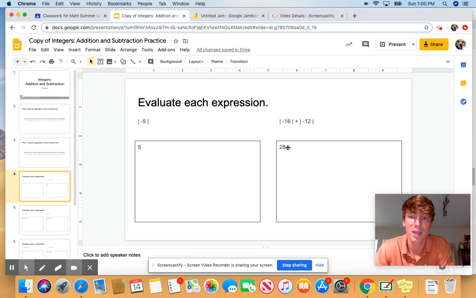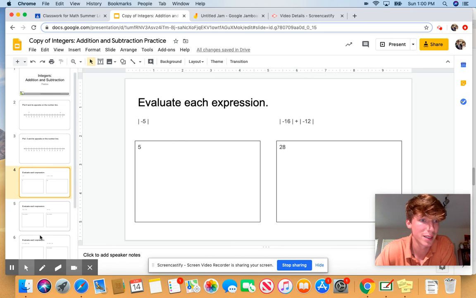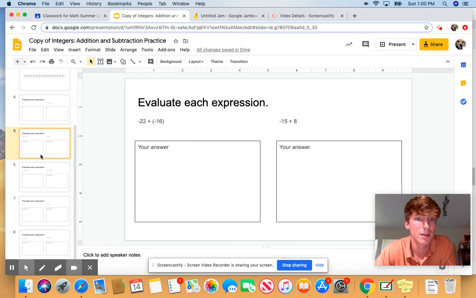Let's think about how I got 28. Well, I dropped the negative sign right here. So this is regular 16 plus regular 12, get 28. Remember, when the signs are the same, you keep the sign, add like normal. This one should be good.